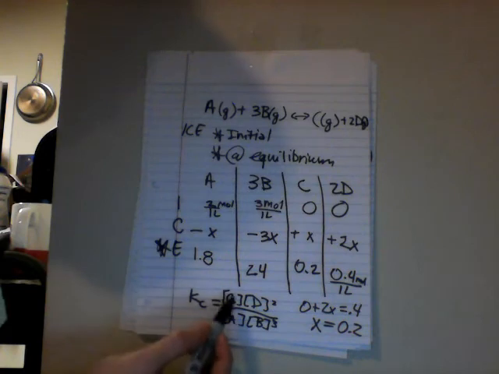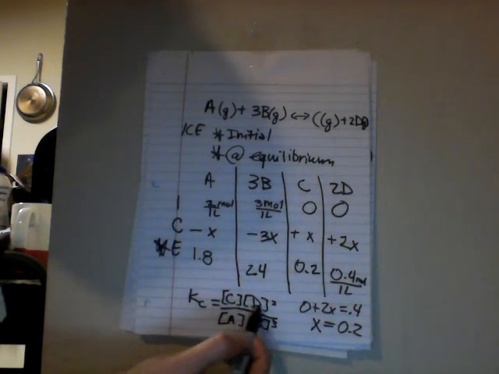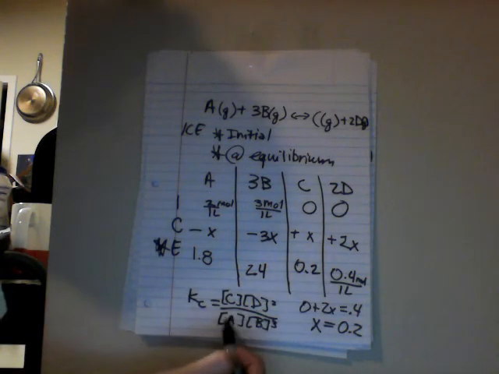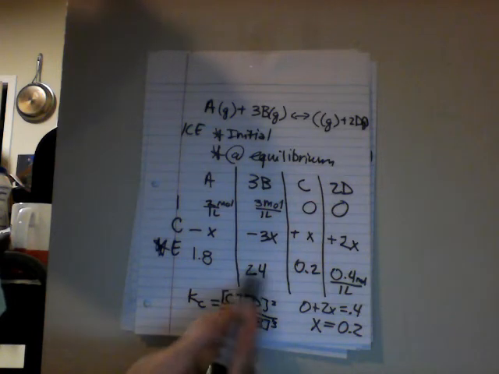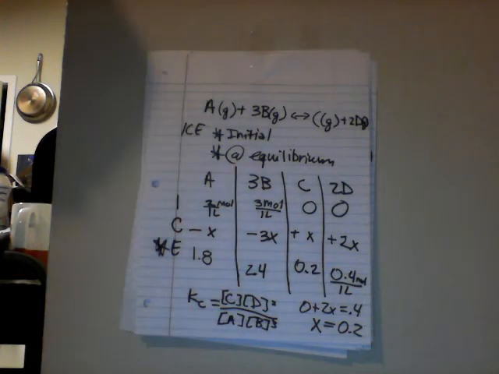That means I'm going to say 0.2 times 0.4 squared divided by 1.8 times 2.4 to the third. So hopefully that makes sense. That's how I find my Kc value, from those equilibrium values. So I'm actually going to write that out for you.